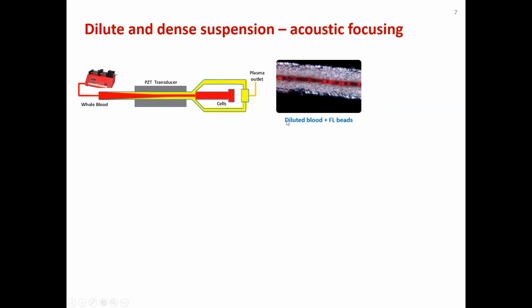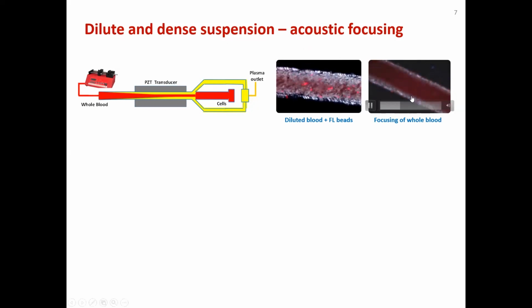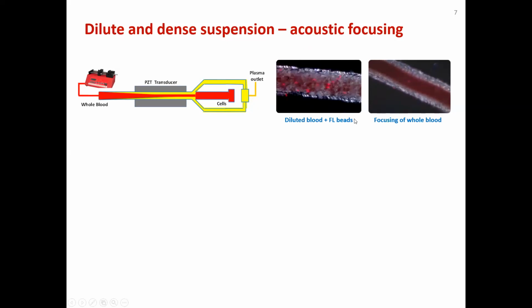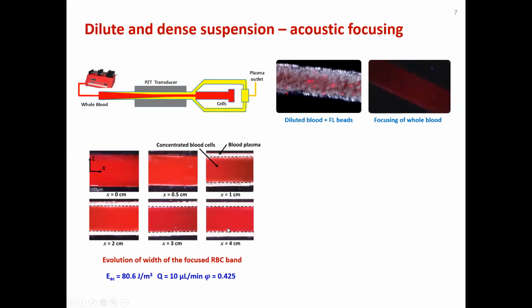You can nicely focus the particles into a narrow stream and collect the particle-free liquid. But if you have a dense suspension like whole blood, focusing is very difficult. You can see that you're still struggling to focus these particles into a narrow stream. In fact, from our own experiments, we have seen that this focusing is quite limited.